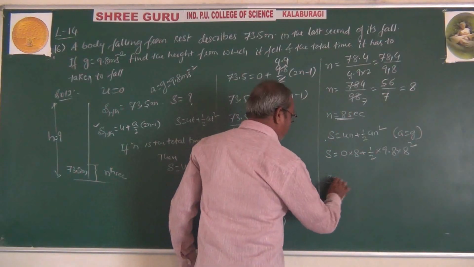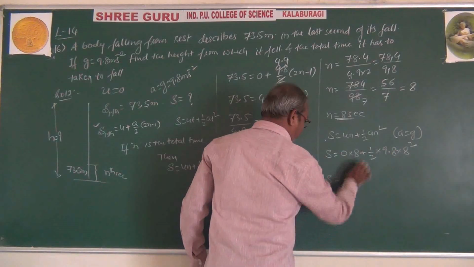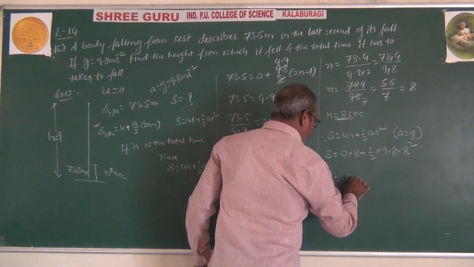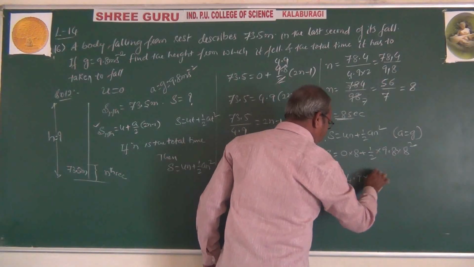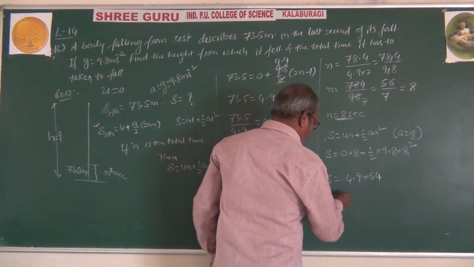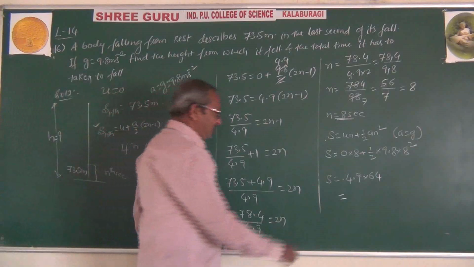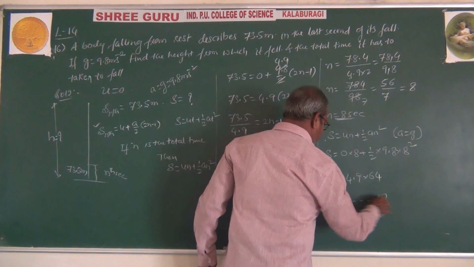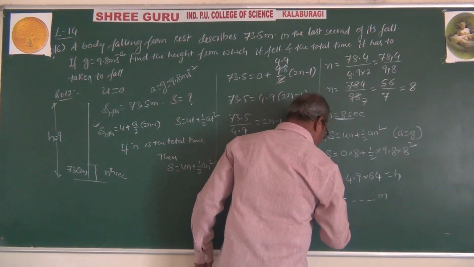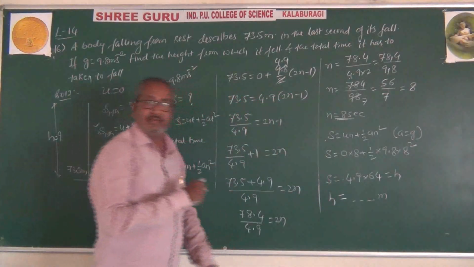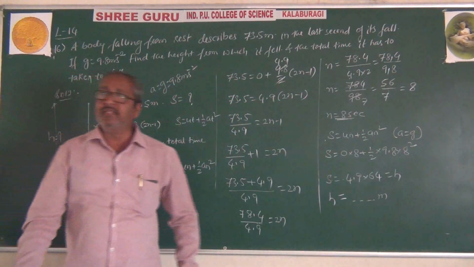So s equals 1 by 2 into 9.8, which is 4.9, into 64. Multiply this to get the answer. If you want, you can call it h. Is it clear up to this?